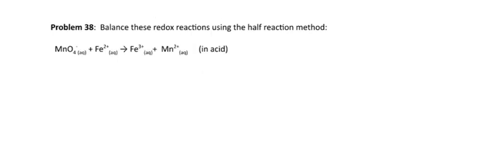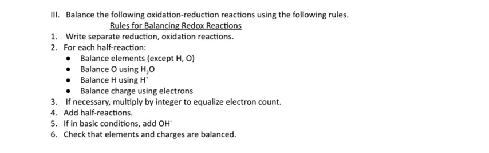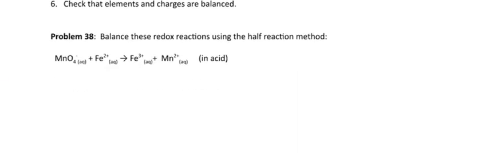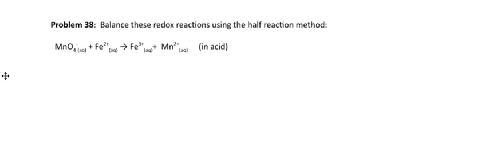Well, what was our first rule? Let's scroll back up. Separate reduction and oxidation reactions. How do I go about doing that? I need to know the oxidation numbers. So let's find the easy ones. I know that iron with a charge of 2+ has an oxidation number of +2. Iron with a charge of 3+ has an oxidation number of +3.